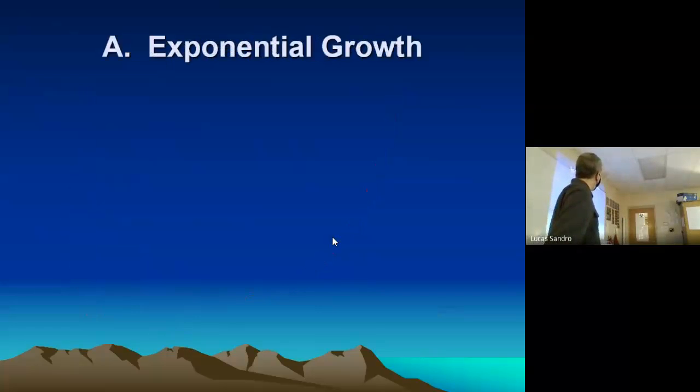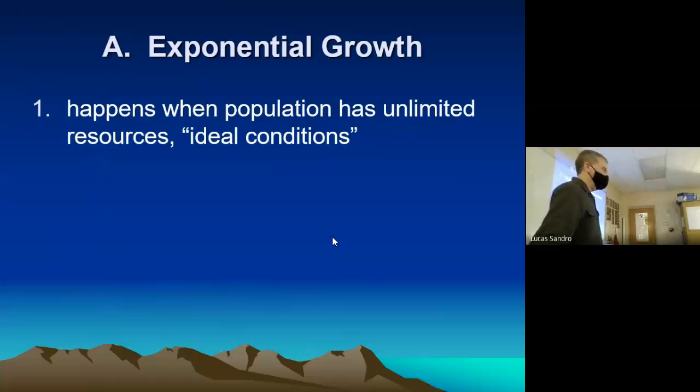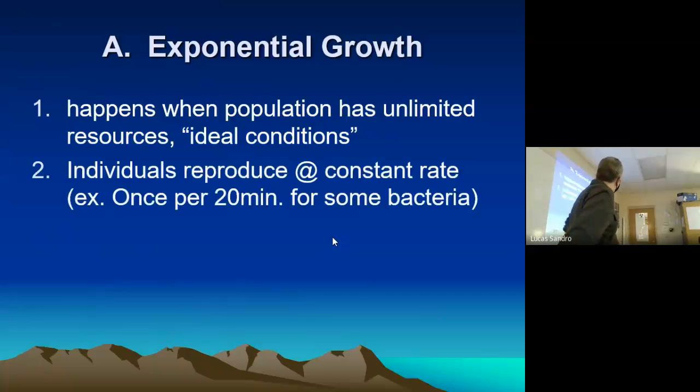So exponential growth turns out to be a pretty universal phenomenon that happens whenever any living population has all the stuff they need. Because what happens when they have all the stuff they need is they go right into a constant reproductive rate. Whatever their max reproductive rate is, that's what they do.